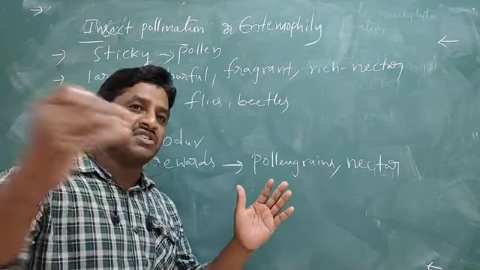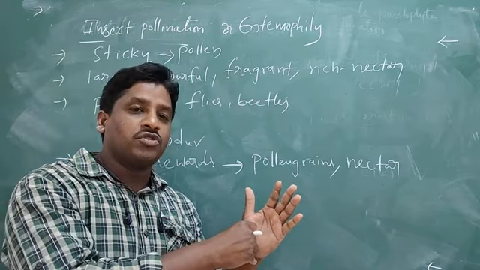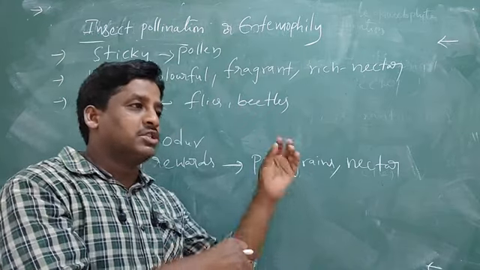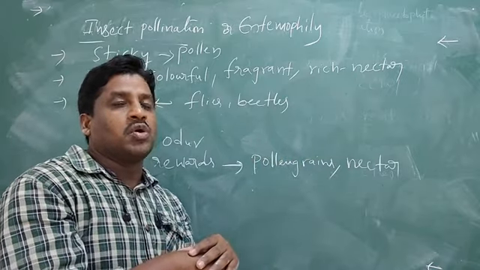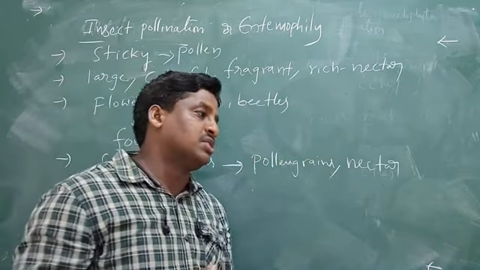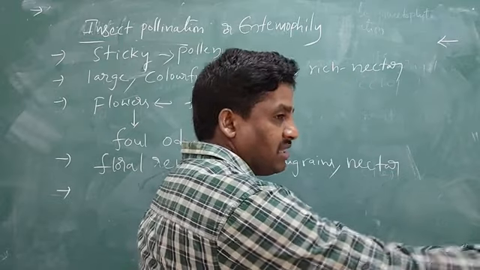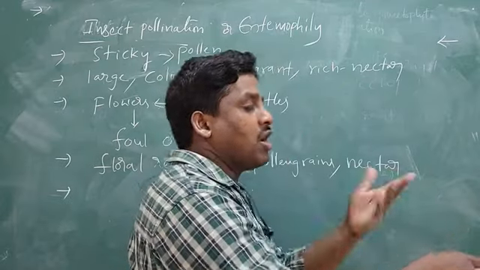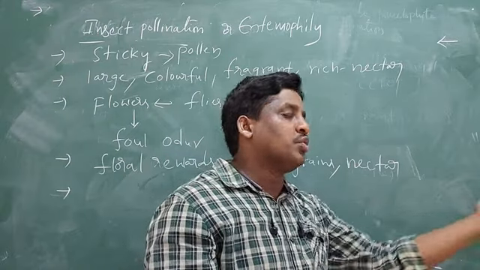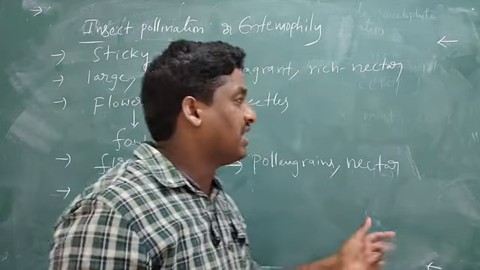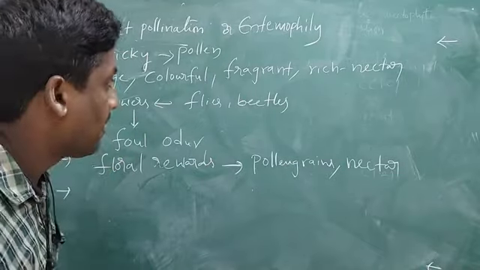The animals visit the plants for their food. So automatically what will happen? These pollen grains and nectar get attached to the body of the animal. In turn, this animal visits another flower, that means another plant. So automatically these pollen grains get attached to the stigma of the other flower to achieve the pollination. Okay, that's it. Next.